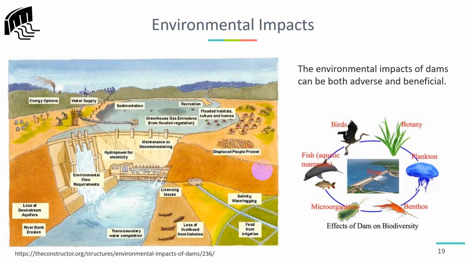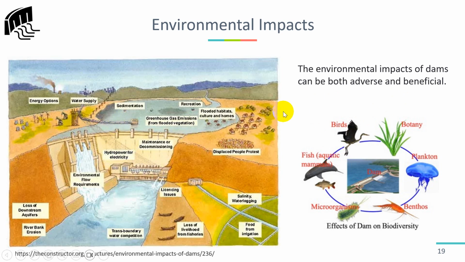Environmental impacts. The environmental impact of a dam can be both adverse and beneficial. So the dam will give advantages or disadvantages to the environment. For example, of course, the benefits of the dam are hydropower, water supply, and energy options.